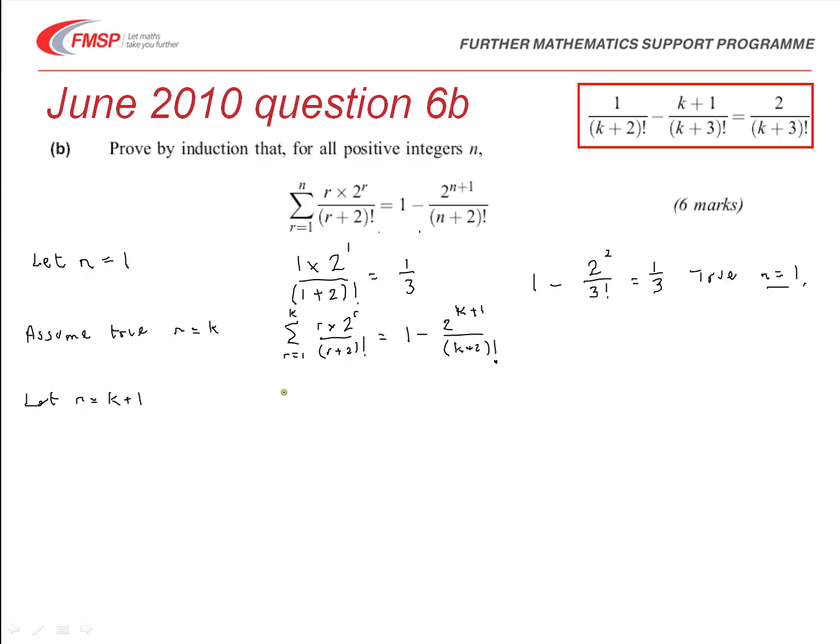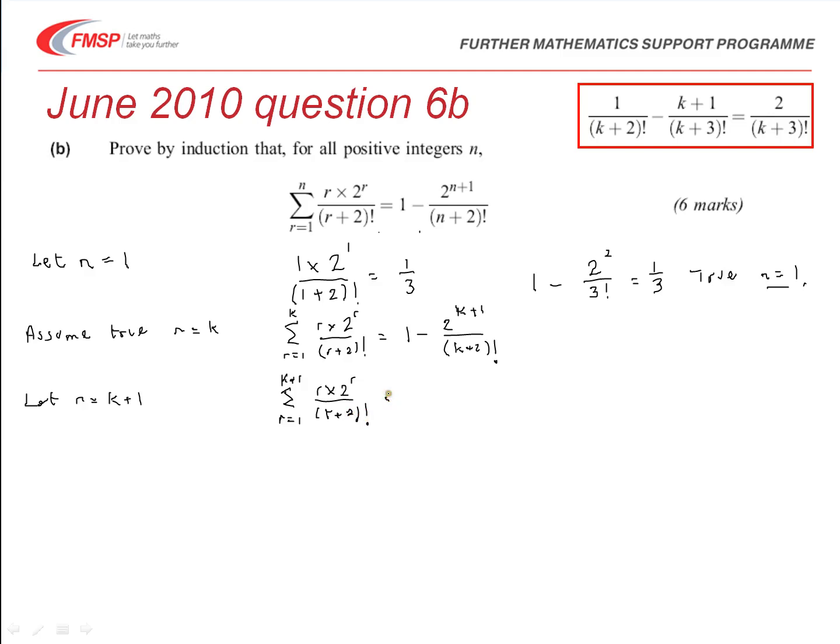So now we're doing the summation from r equals 1 up to k plus 1 of r times 2 to the r over r plus 2 factorial. Okay, so we're now summing with that extra term.